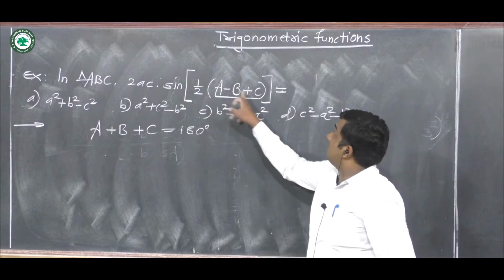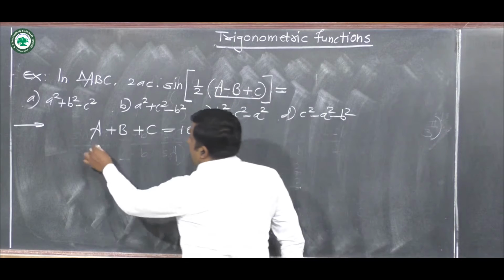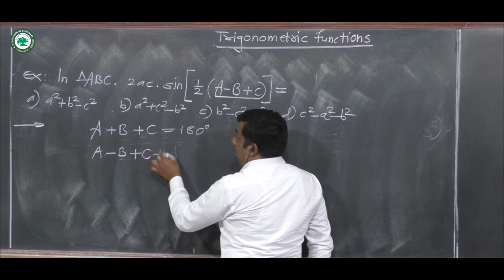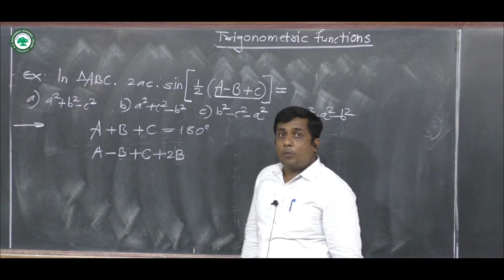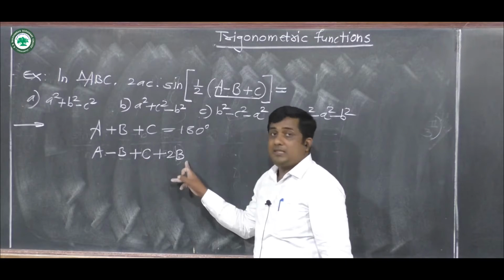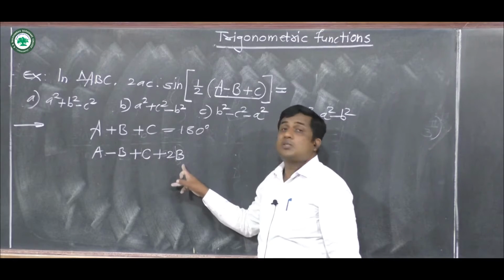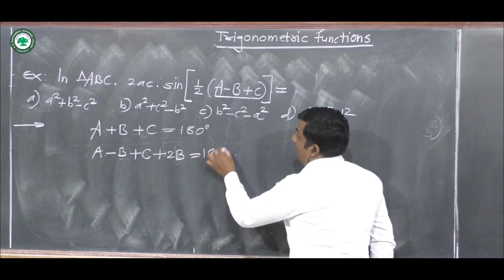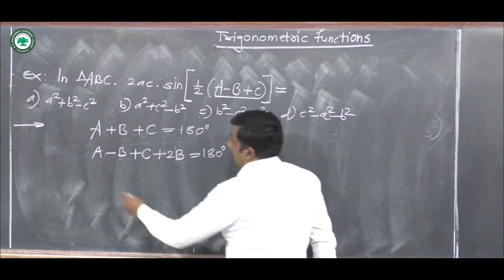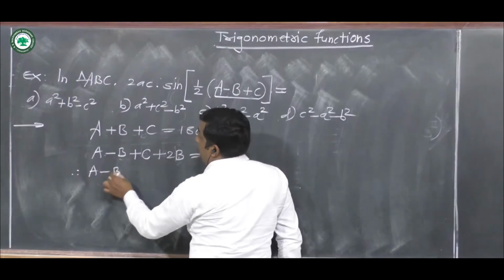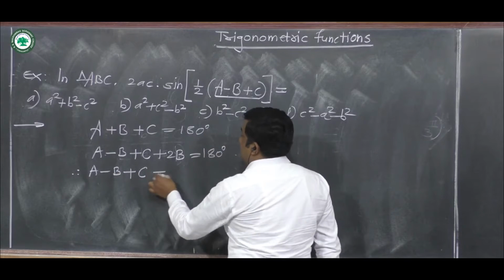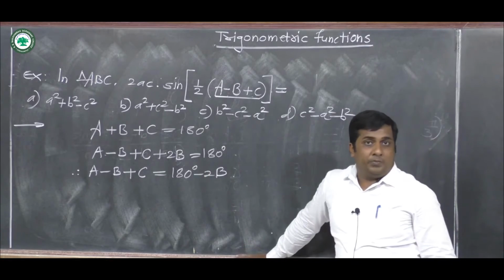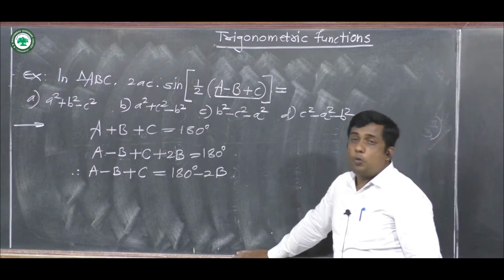We want A minus B plus C, so I write A minus B plus C plus 2B, where we arrange minus B plus 2B. We know 2B minus B is plus B, and this is equal to 180 degrees. Then A minus B plus C is equal to 180 degrees minus 2B.